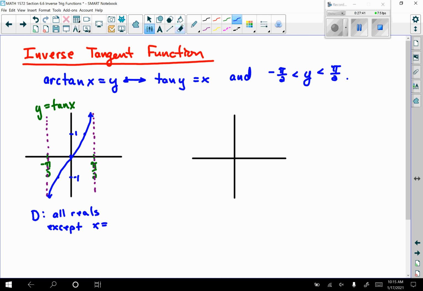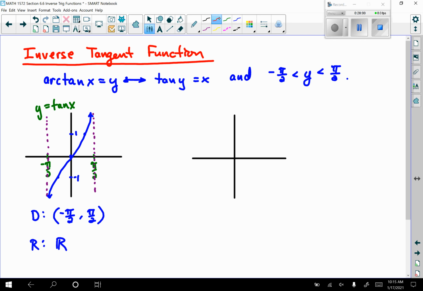Actually, with this one, we'll just stop it here instead of writing it out for the entire graph. So in this case, the domain will just go from negative pi over 2 to pi over 2. We'll use parentheses here because we're not including them. And then the range is going to be all real numbers.